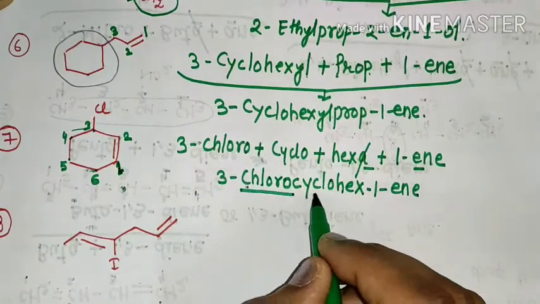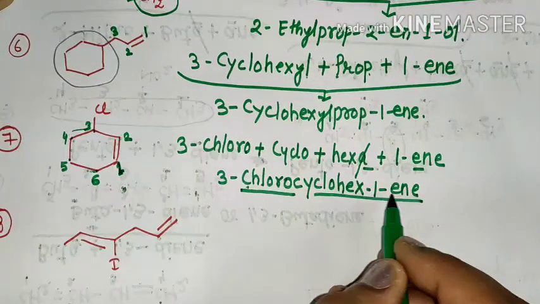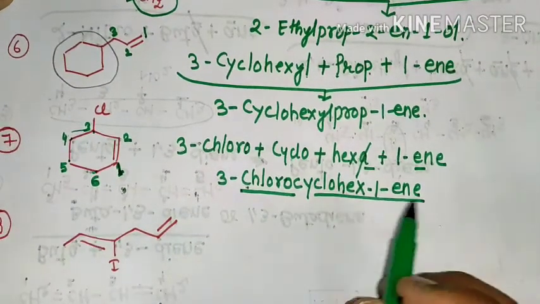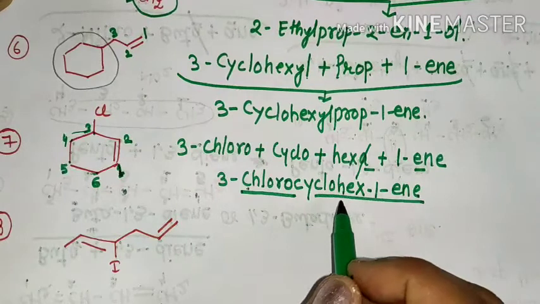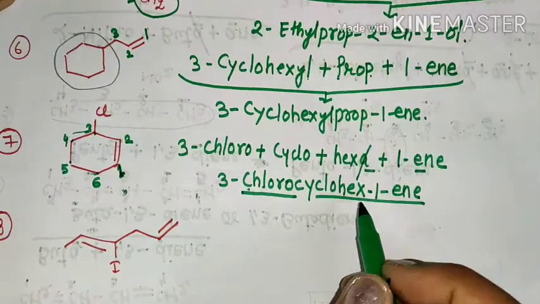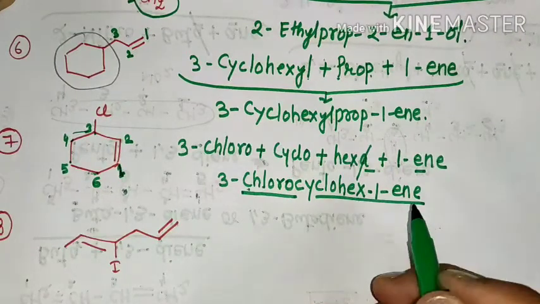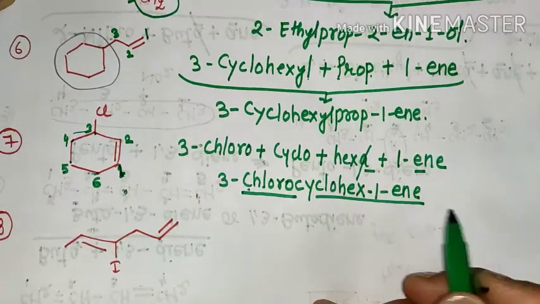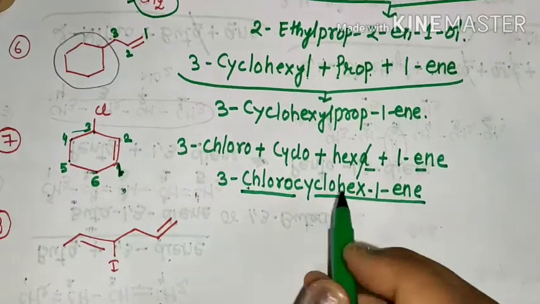There should be no spacing between these letters in the IUPAC name of any compound, just like your name. In your name, the first letter is always capital and all other letters are written in combined form.